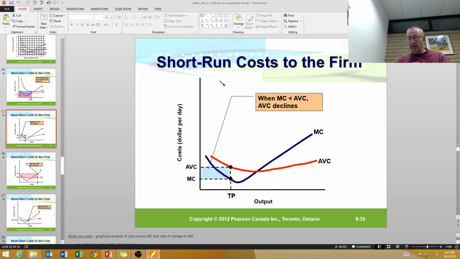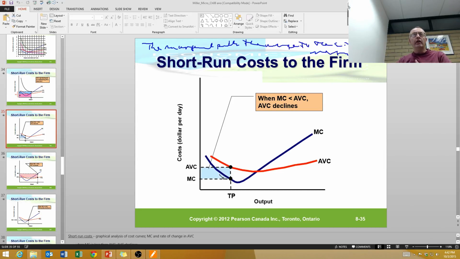I keep saying that the marginal pulls the average to the side of the marginal. It's kind of a mathematical truism, and so we'll see some examples of it here.